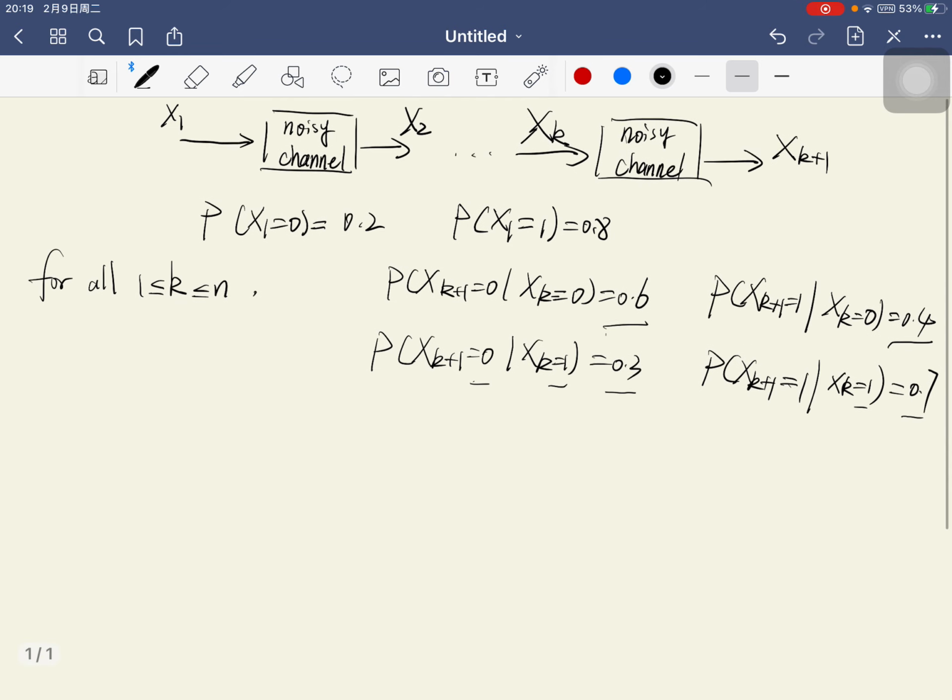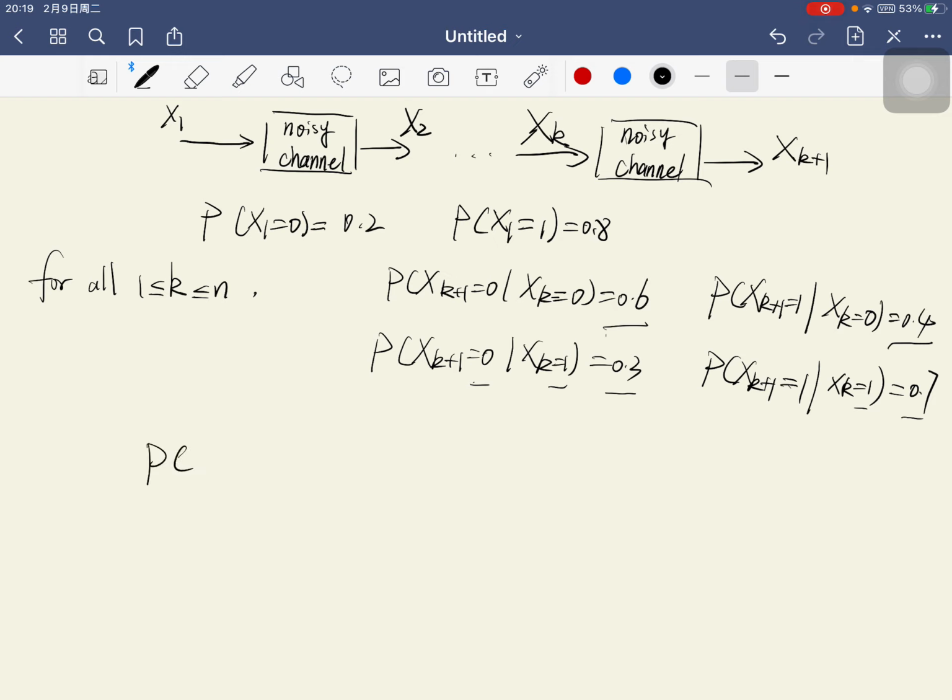So we can get the matrix of the probability of xk plus 1 equals 0 and the probability of xk plus 1 equals 1.